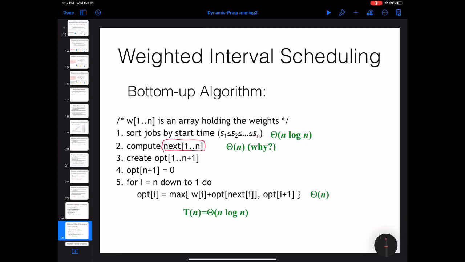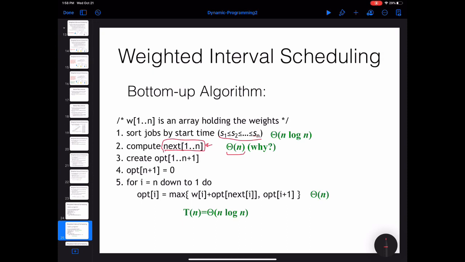Think about it: if I already have all the jobs sorted, I can start from the first job and calculate next for all the jobs by just iterating over the jobs only once. I mean, this is a very nice algorithm. If you didn't get it, email me. We can actually talk about it.